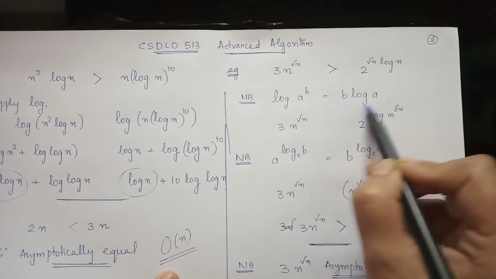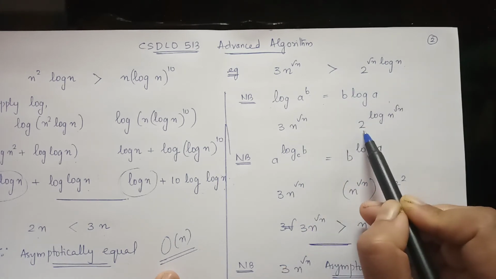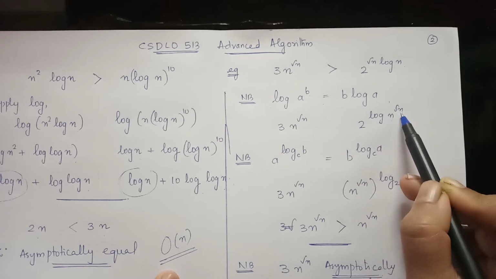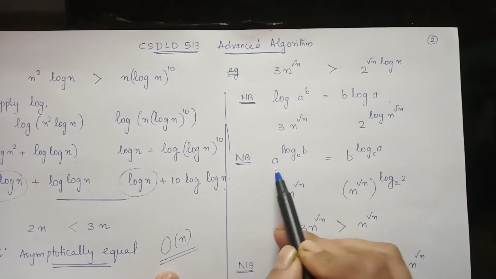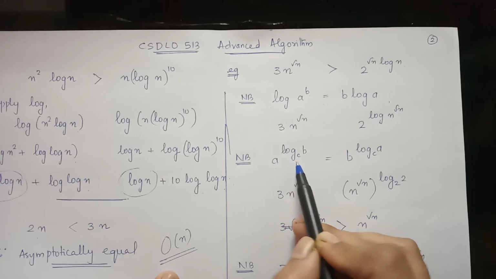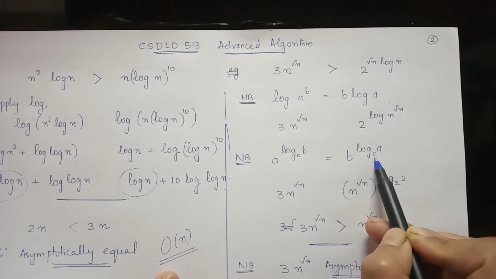When we apply this to this function, we will get 2 raised to log n root n. Now we know that a raised to log b to the base c can be rewritten as b log a to the base c.